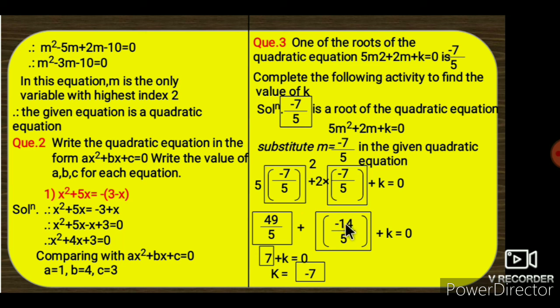Then 49 − 14 is 35. Therefore 35/5, which means five ones are 5, five sevens are 35, so the number is 7. So 7 + k = 0. Transfer this +7 to the right hand side, and this plus becomes minus. Therefore k = −7.